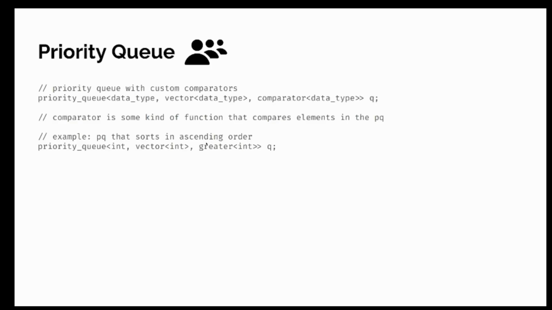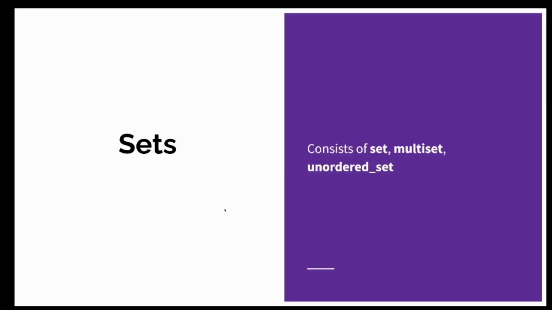This greater int reverses the order in which it's sorted. So if the priority queue originally was sorted from, let's say 5, 4, 3, 2, 1, because it's greatest to smallest, using this greater int over here, it would actually reverse it to be 1, 2, 3, 4, 5. So 1 is at the front of the queue.